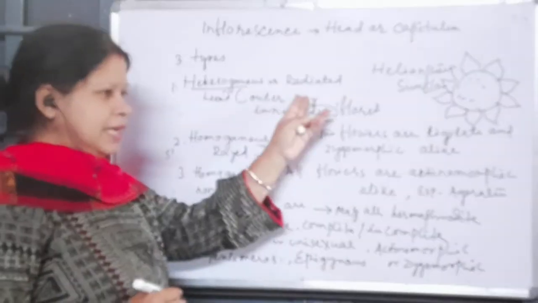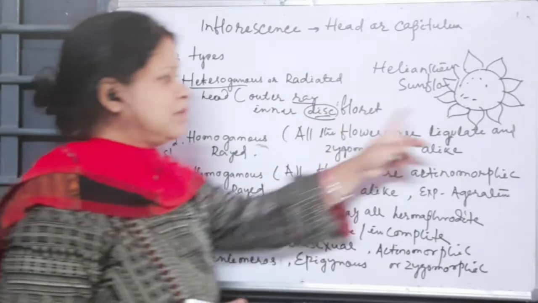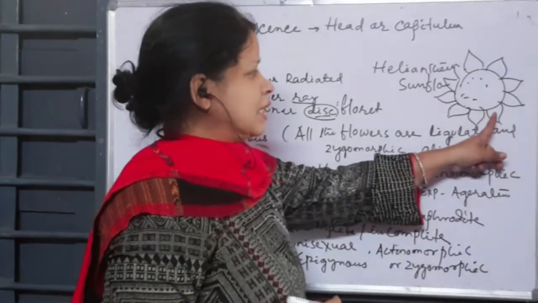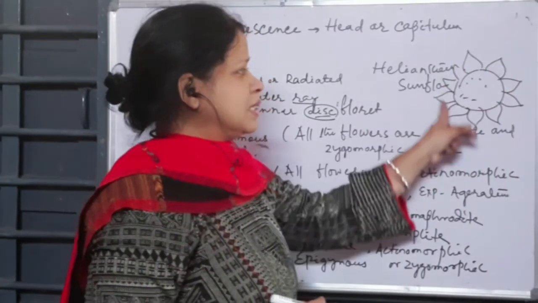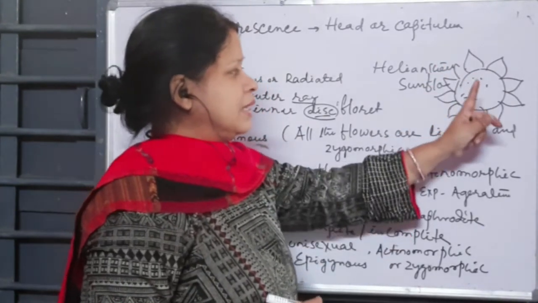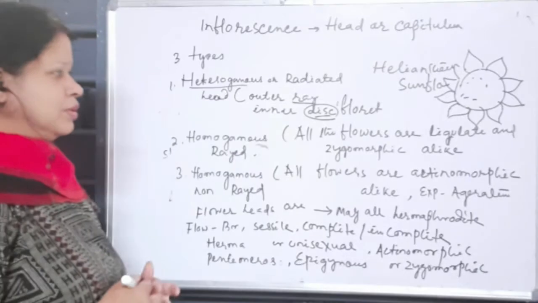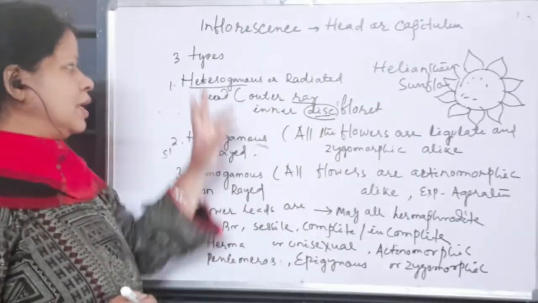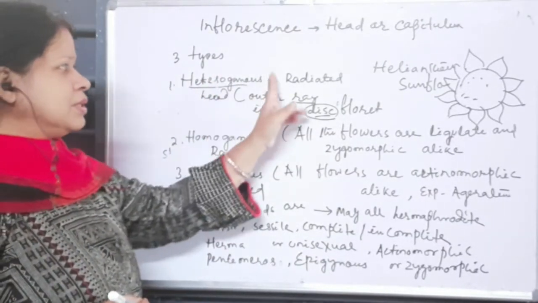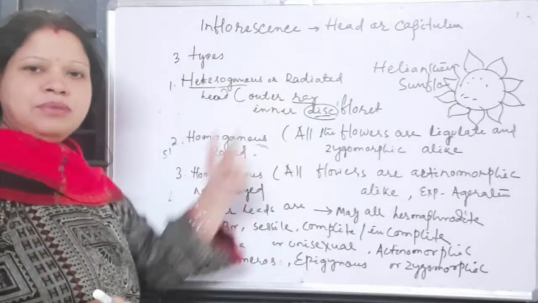So this head or capitulum consists of two different types of florets. One is ray floret, present towards the periphery, and at the center there is another type of flower, that is disc floret. So this is called heterogamous radiated head or capitulum.